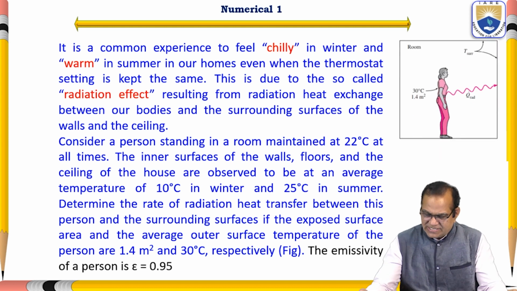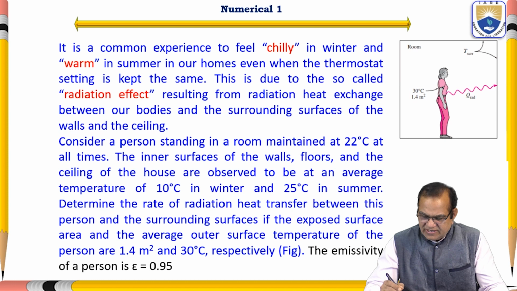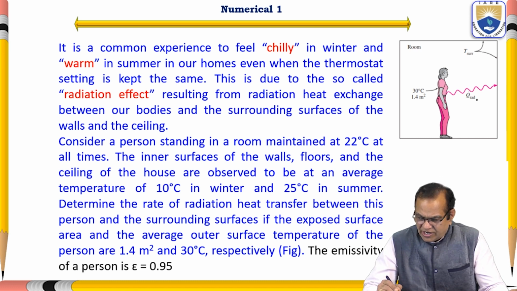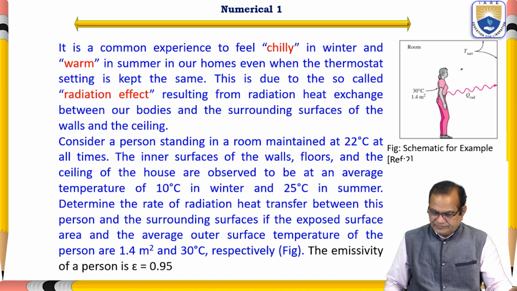Here you can see this is the person, the temperature of the person is 30 degrees centigrade and its area is 1.5 meter square. Q dot radiation is emitted from the person to the wall. T surrounding is given as per summer and winter conditions.